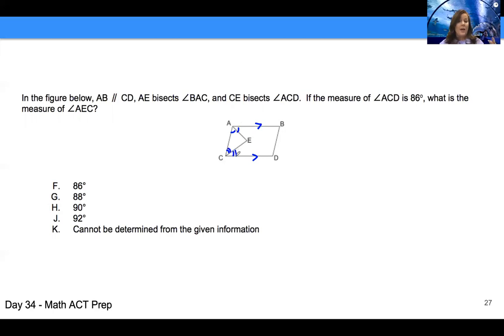So when I find one, I have the other. And then they're saying the measure of ACD is 86 degrees. I do this when I have an angle that's been split so that I know the entire thing is 86 degrees. And if it's 86 degrees, then if I divide that by 2, each one of these is going to be, what, 43. Yep.